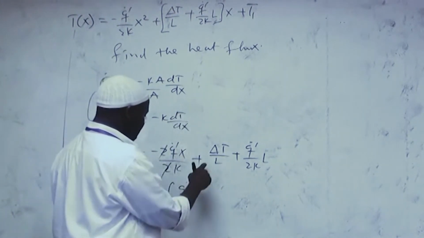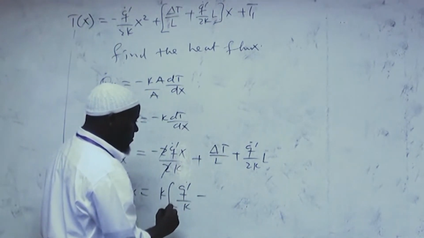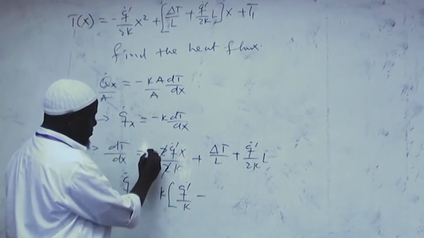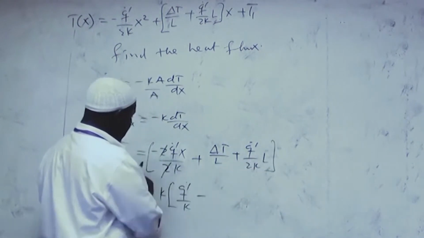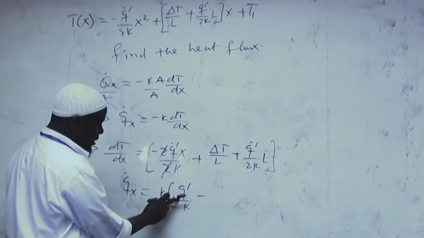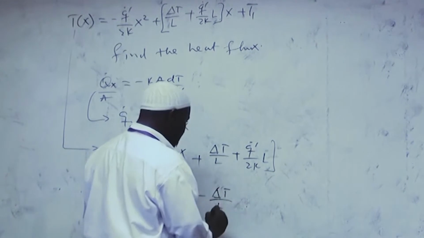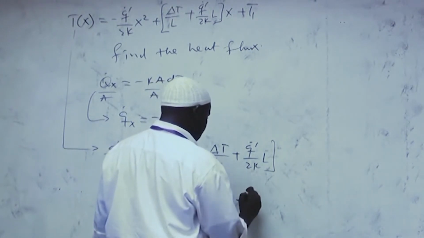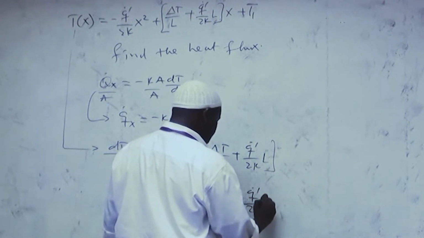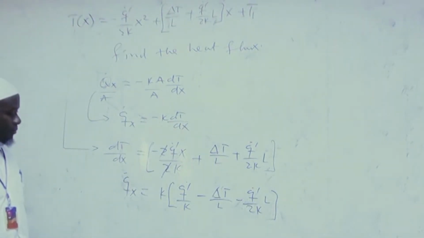Then again it multiplies, is it plus or minus? Minus, right? So the minus sign is here, so we have all this times k and minus. So the minus enters, this becomes positive, this minus, yes. So I'll have delta T divided by L minus q divided by 2k times L. Yes?